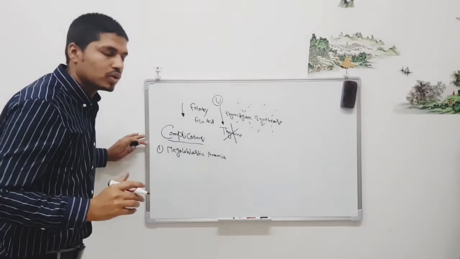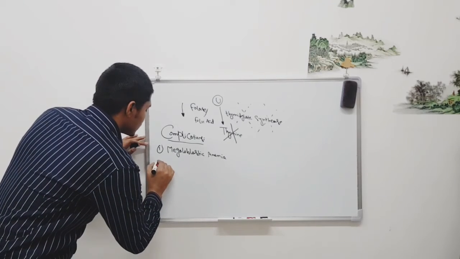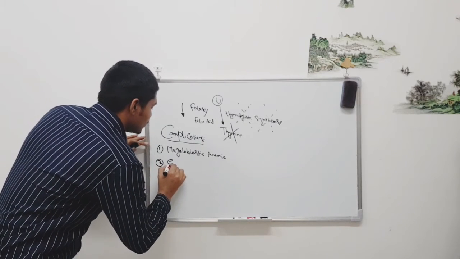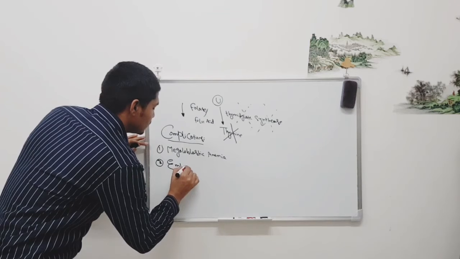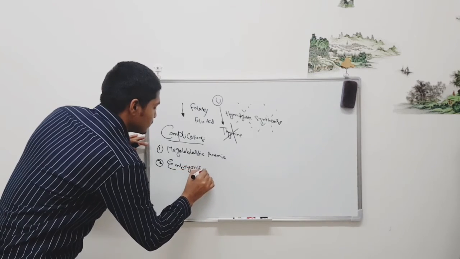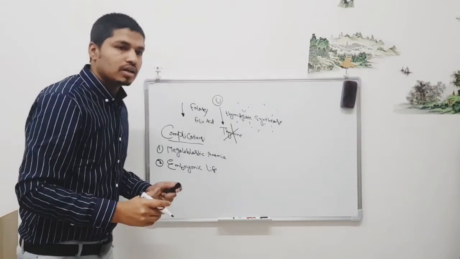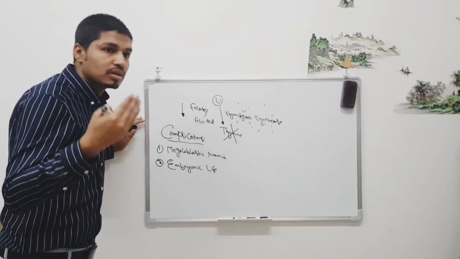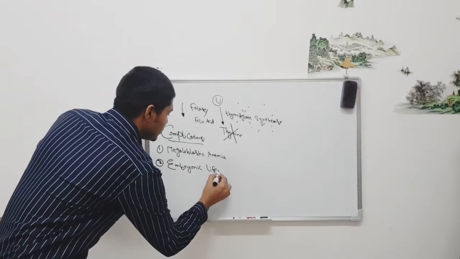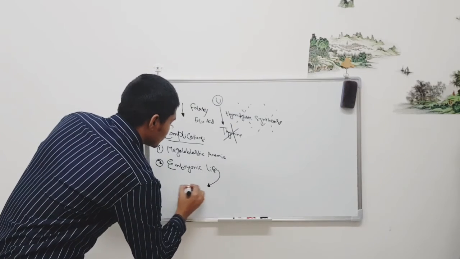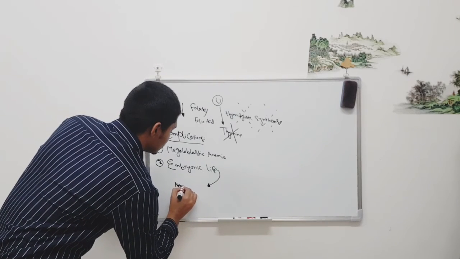And the second one is that in embryonic life, the fetus or the baby can develop neural tube defects.